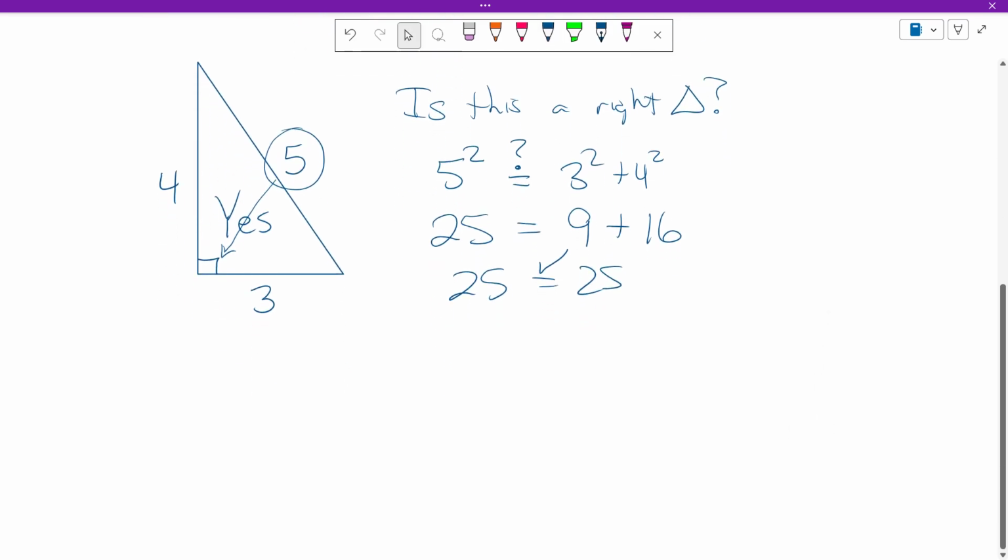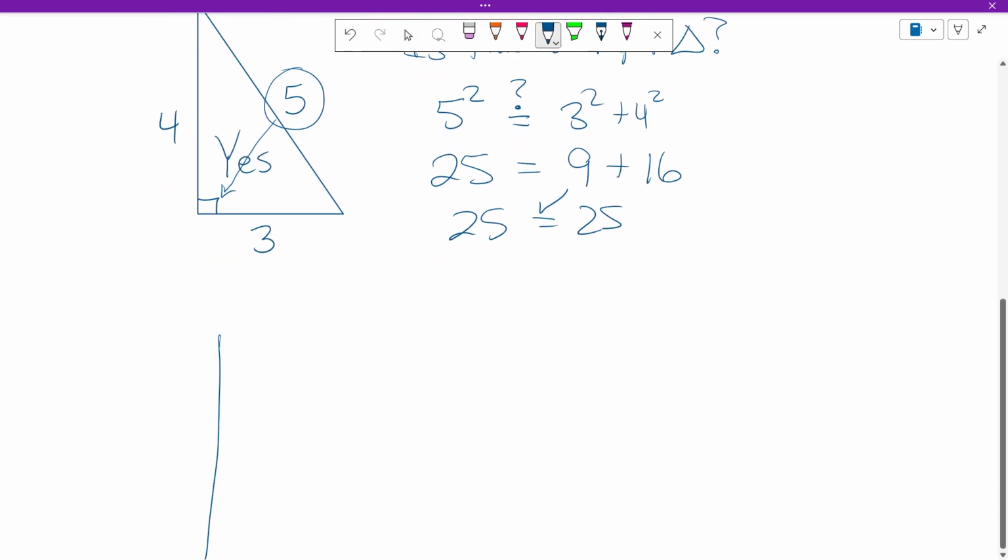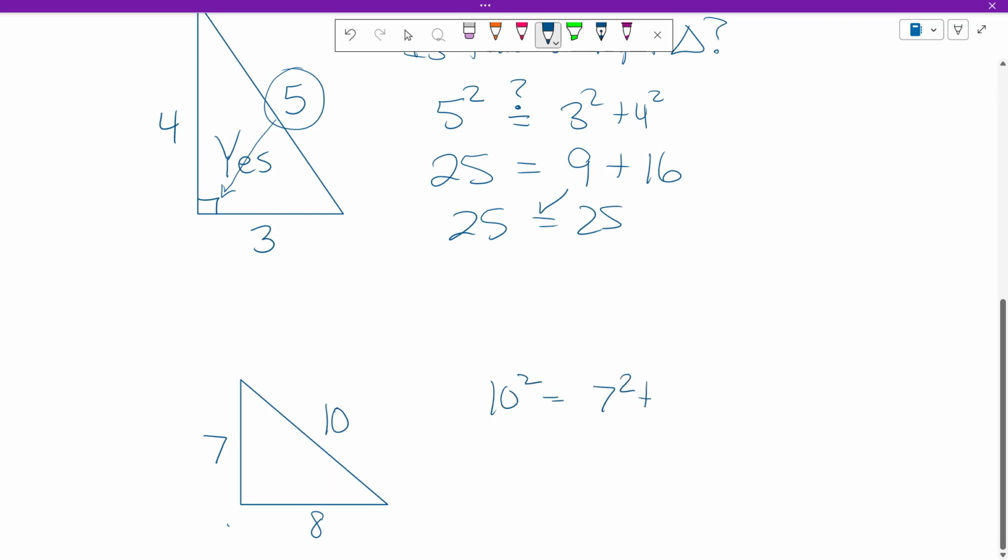Now, not every triangle drawn that way is a right triangle. Is this a right triangle? Is 10 squared equal to 7 squared plus 8 squared?